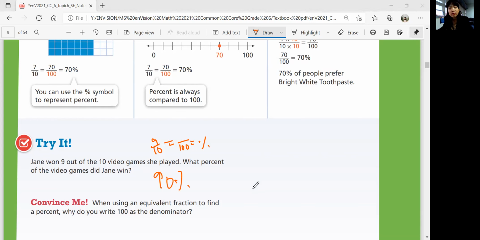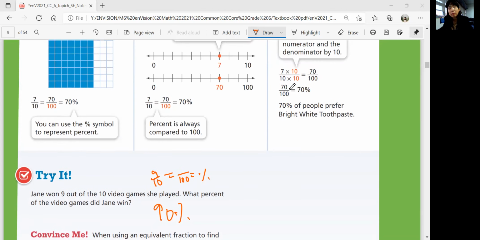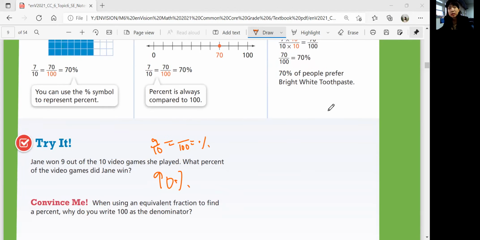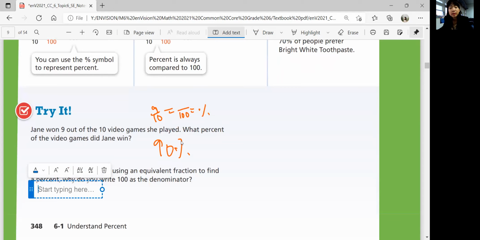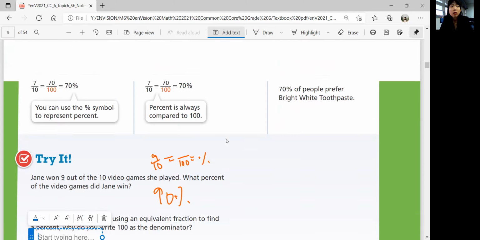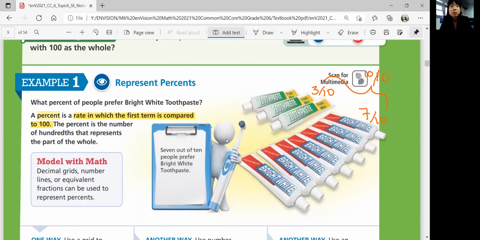All right, let's look at Convince Me. When using an equivalent fraction to find a percent, why do you write 100 as a denominator? So why do you need to get a number over hundreds when you're using the equivalent fraction ratio to get a percentage? Because what's the definition of the percent? A percent is a ratio of how much part you have compared to 100.